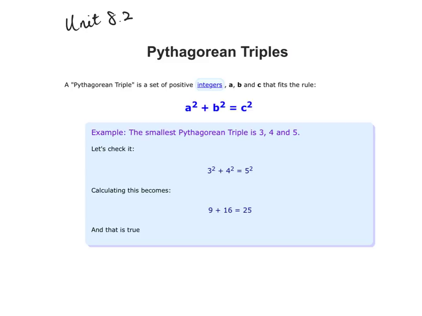One of the examples is right here. If you do 3 squared plus 4 squared, you have 9 plus 16, which gives you 25, and that's 5 squared, right? Those are just a set of three numbers, so they're triples that are easy to remember.